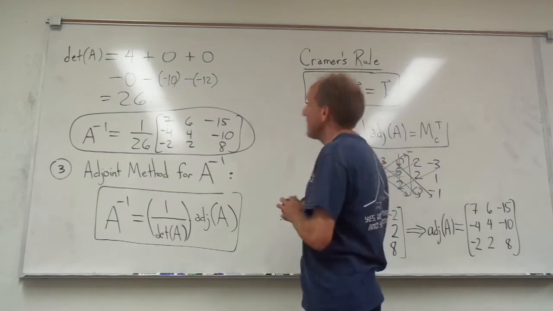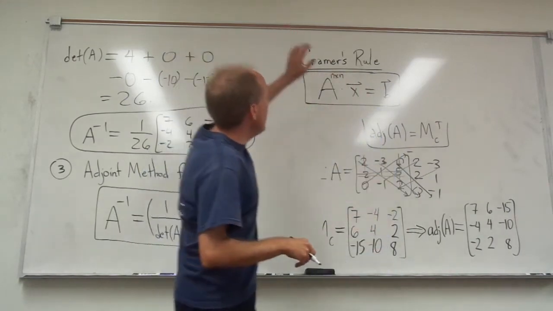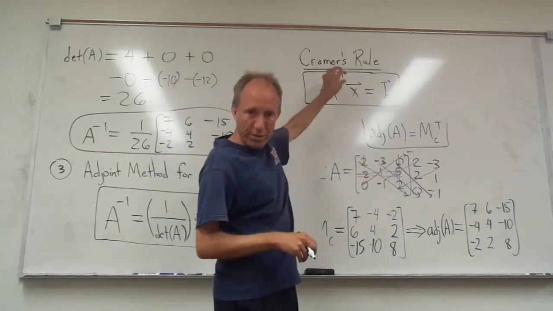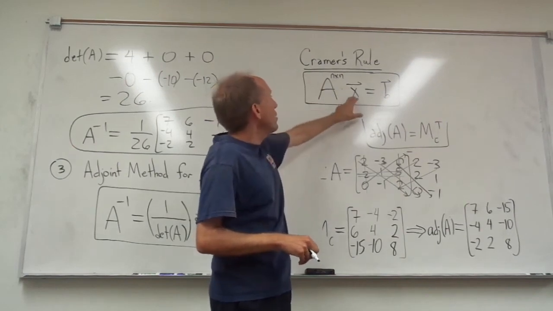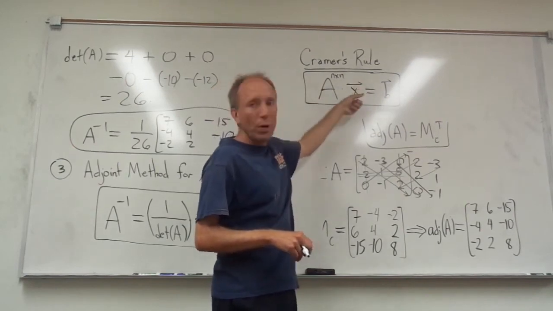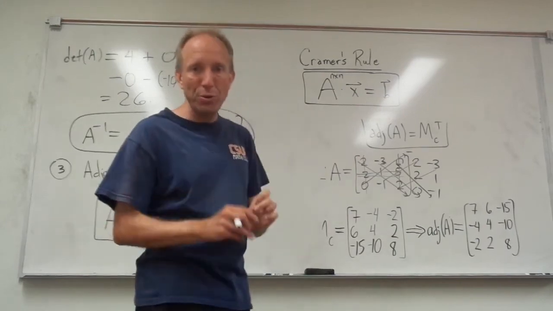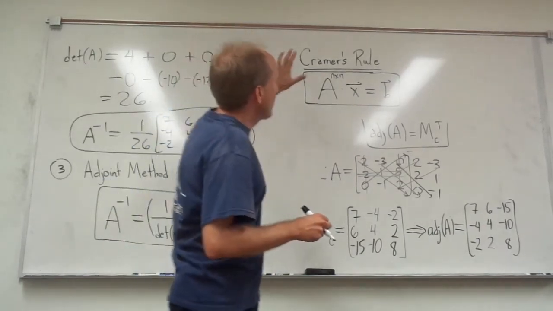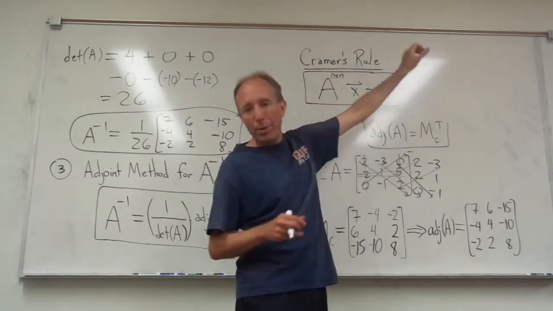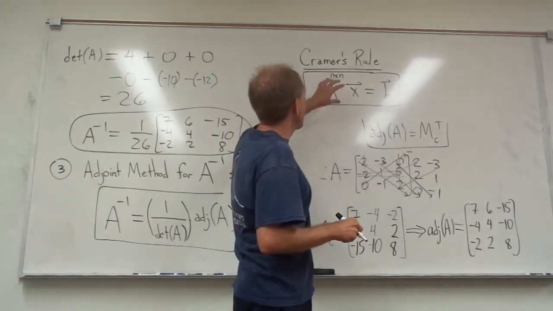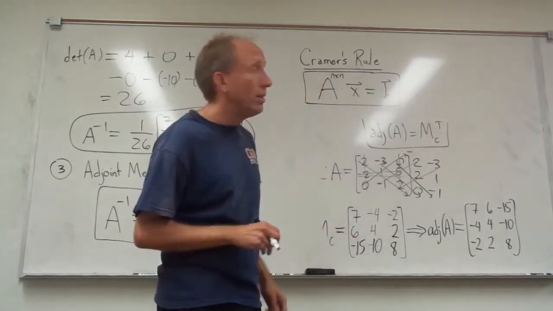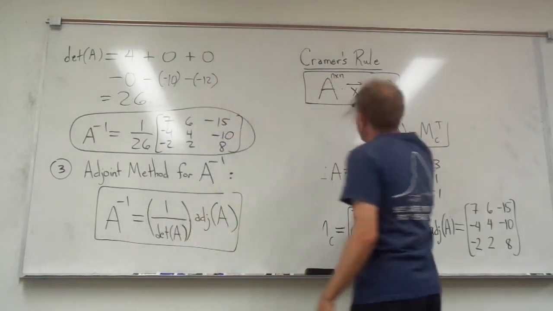Okay, this is the very last thing. If your matrix A is invertible, there is actually a way to find out what X is by just using determinants only. In other words, you don't have to put this into A sharp. You don't have to actually find A inverse at all. You can just simply find the entries of X.